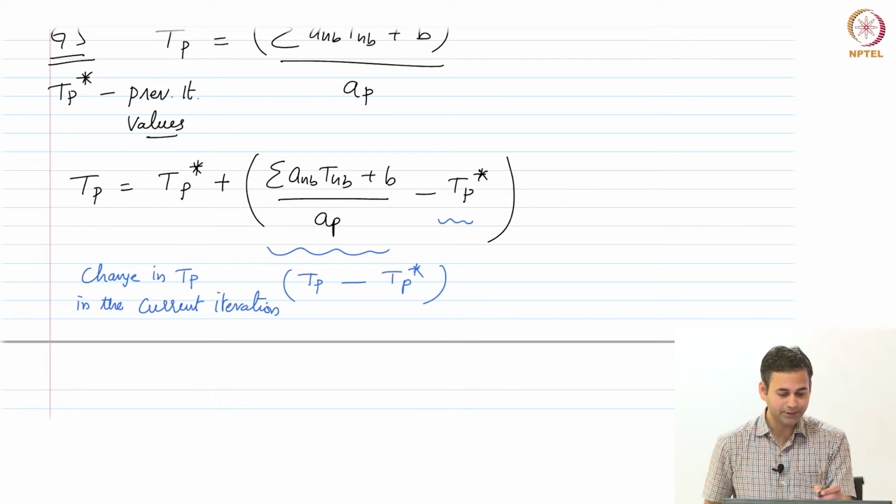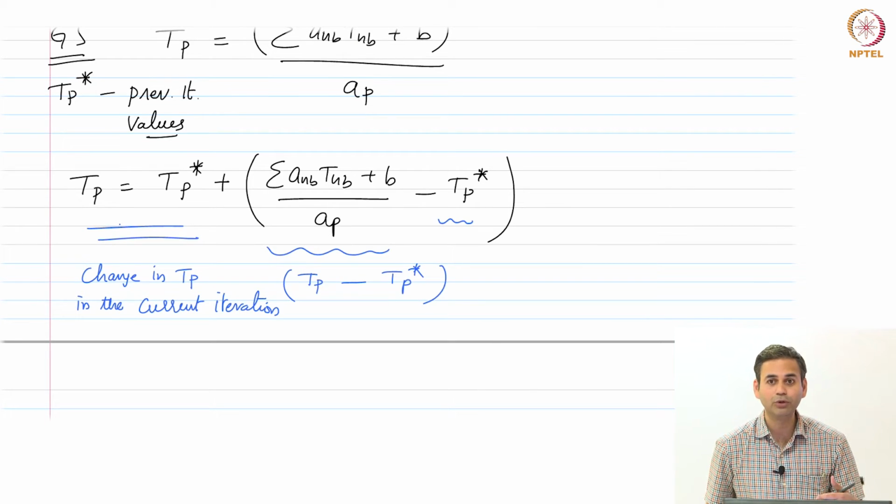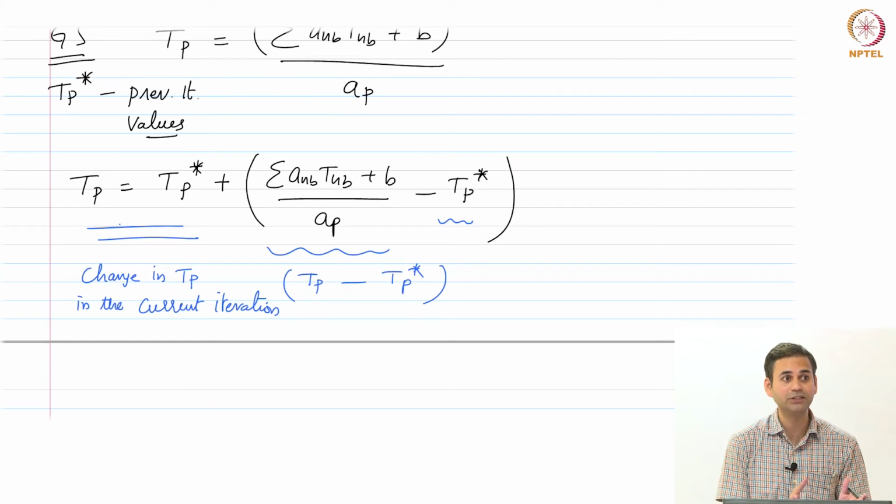Up till this equation, everything is correct. But what I am doing now is actually changing the original equation, because I am restricting the change. We will come back to the point whether we will get the correct solution or not by arbitrarily changing this delta Tp.